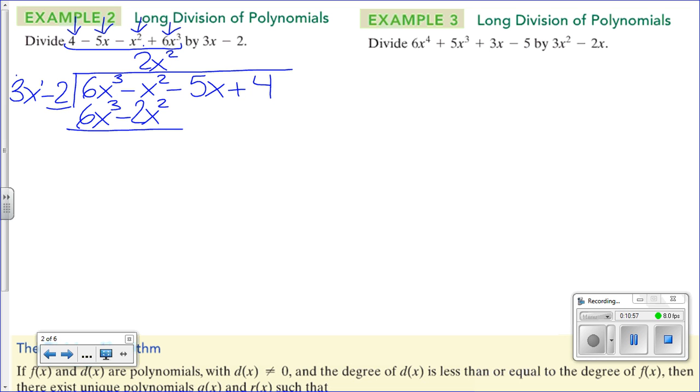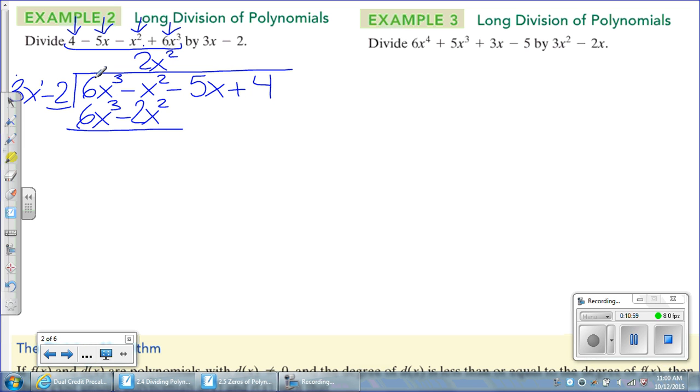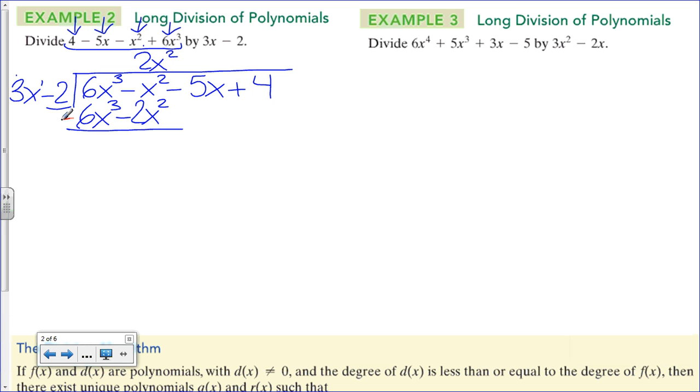Okay. Now, what is the next step, Karina? You subtract, so the 6x cubed would become negative, and the 2 is supposed to be 4, but it becomes positive. Oh, it's supposed to be a 4.